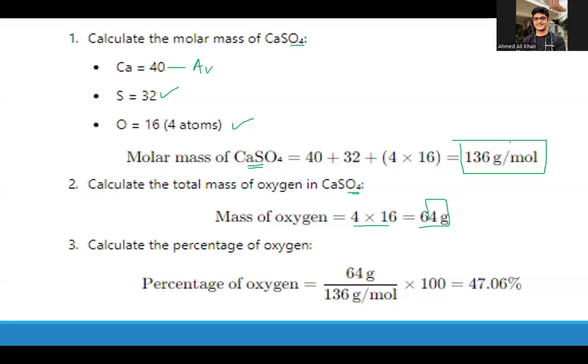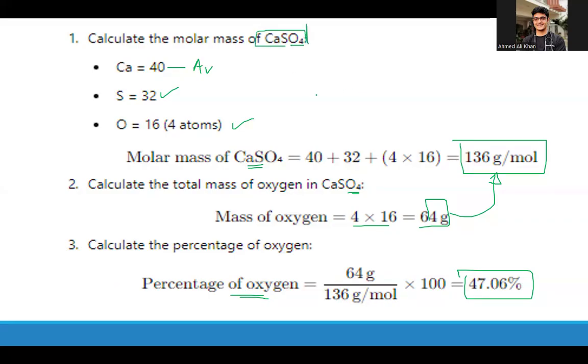So you just divide 64 grams by the total molar mass, and then you get the percentage composition of oxygen by mass, that is 47.06%. That's pretty simple, right? So now we know the percentage composition of oxygen in calcium sulfate.